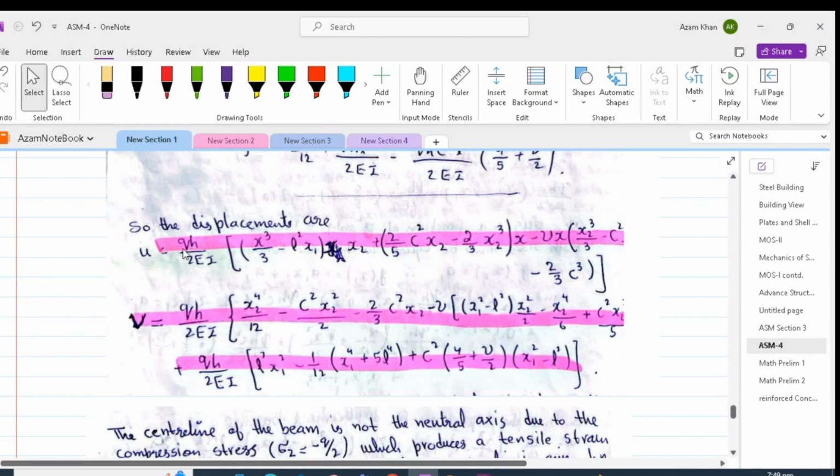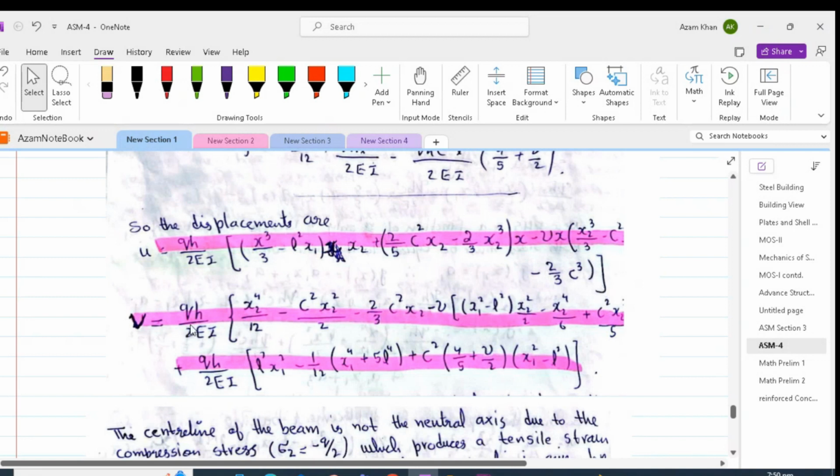The displacement u is equal to qh by 2EI, big bracket, small bracket x1 cubed by 3 minus L squared x1 times x2 plus small bracket 2 by 5 c squared x2 minus 2 by 3 x2 cubed times x1 minus nu x2 cubed by 3 minus c squared minus 2 by 3 c cubed, three terms in the small bracket, and then we close the big bracket.